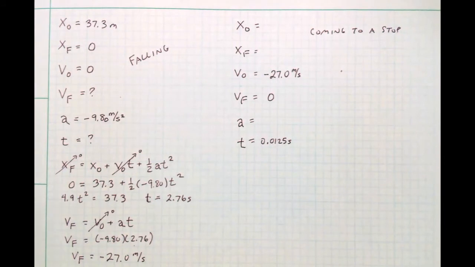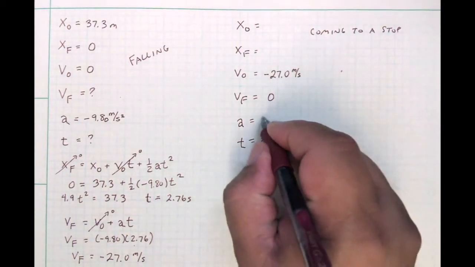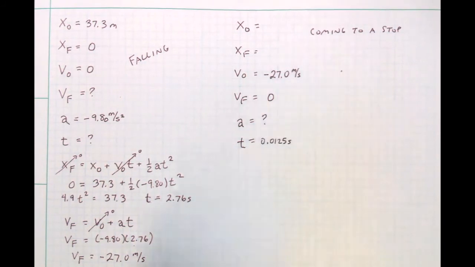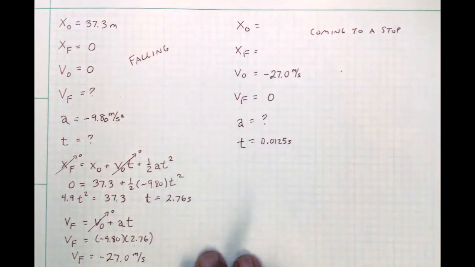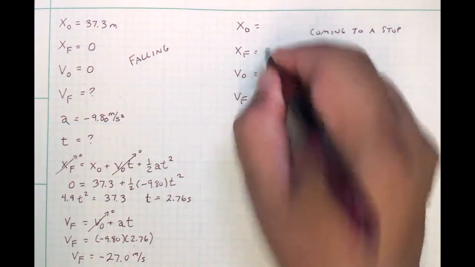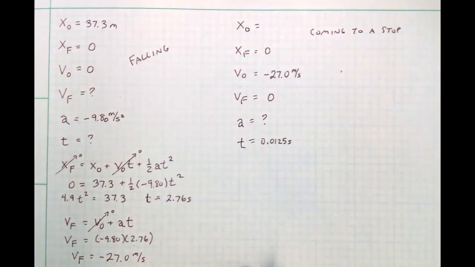Those are the things that we know. We are asked for the acceleration in this case by the first question, and we do not know either the initial or the final position. Presumably the final position is the ground, but we don't know how much the ground dents when they hit the ground.